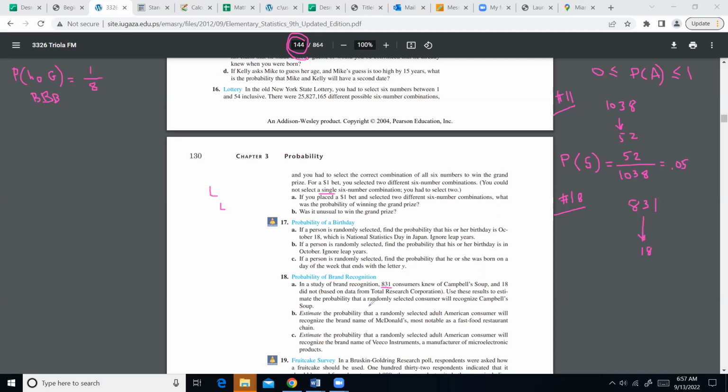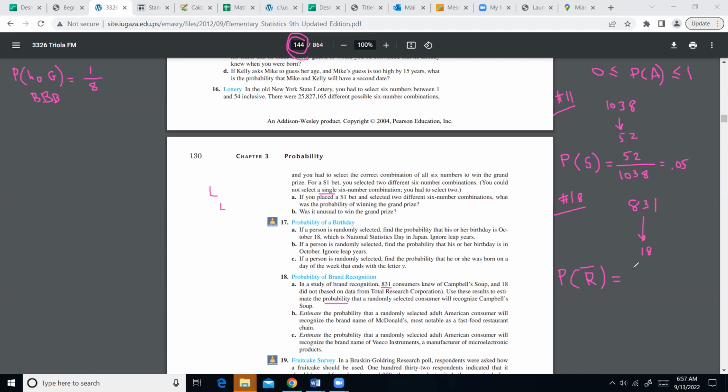So the question again is the probability that a consumer will recognize. Now we need to be a little bit more careful. You found the probability that someone did not recognize. So you can say recognize, remember, with a bar, right? Did not recognize.